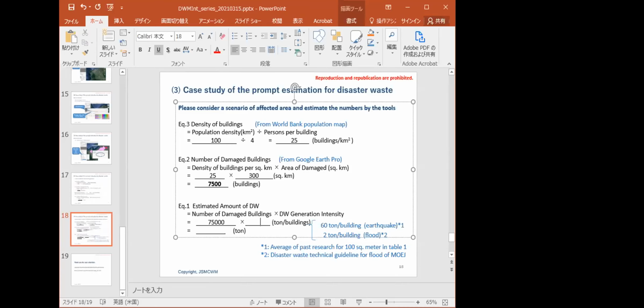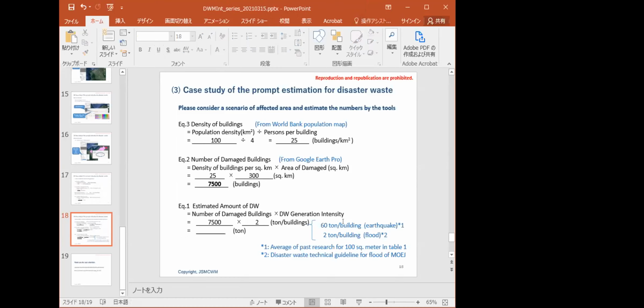And we can estimate the amount of disaster waste. But in a flood case, the buildings are not so damaged. Maybe furniture or electric items will be disaster waste due to the flood. So the generation intensity is not so high.